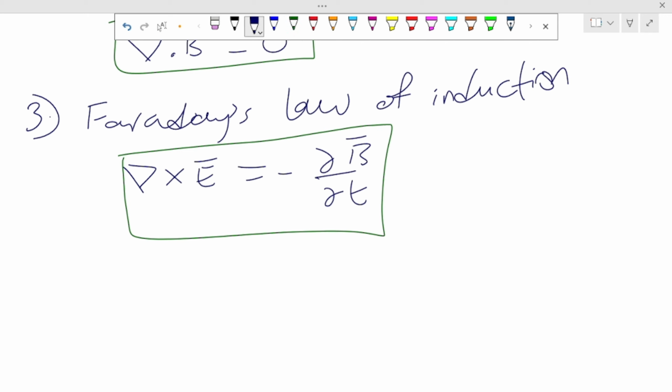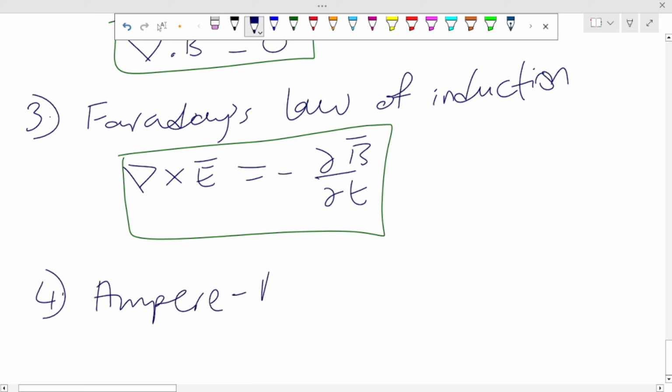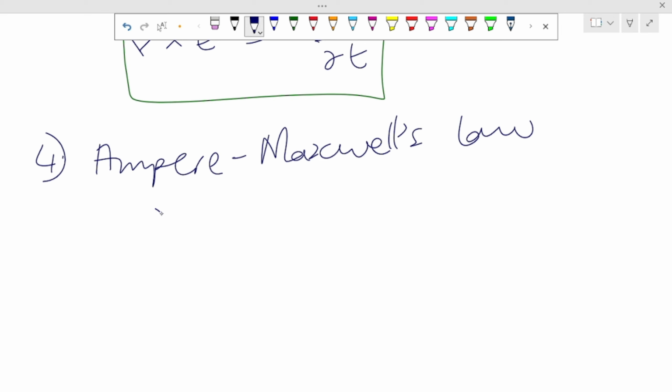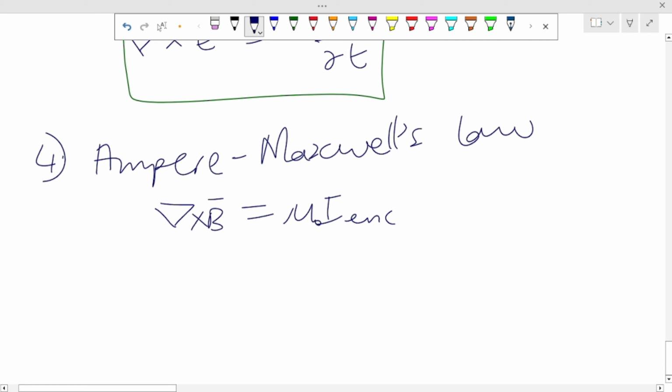Then the fourth law, which is Ampere's Maxwell's law. In this law, we are dealing with the magnetic field, and of course we have the enclosed current. All these formulas we've done in the previous videos, so you can watch those and see what's going on.